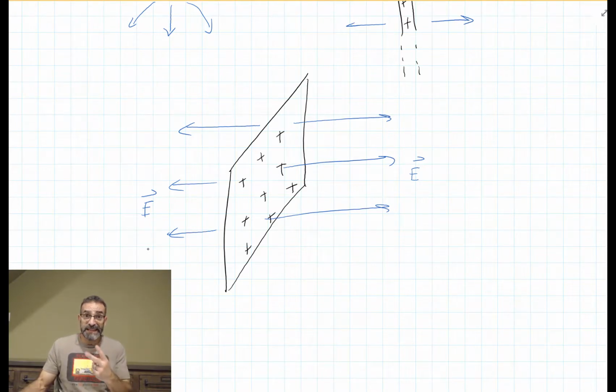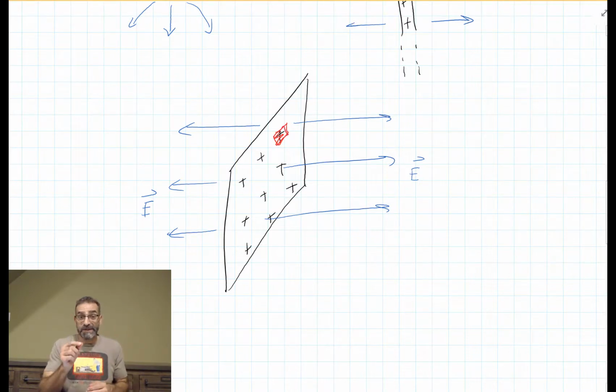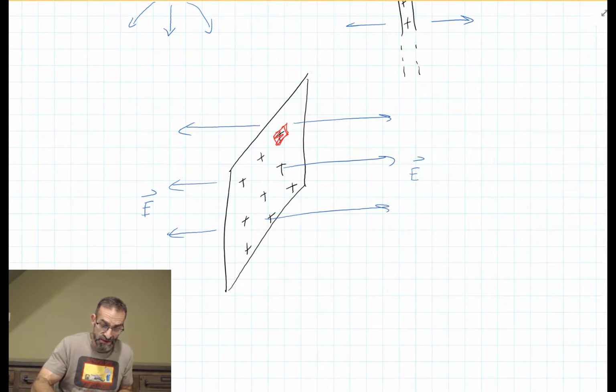So we know 2 techniques for finding the electric field from a charge distribution. We can treat each little tiny element of charge like a point charge, and our point of interest would be out here somewhere. We want to know what's the electric field at that point.